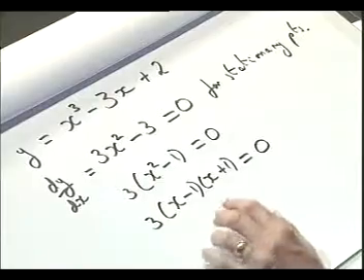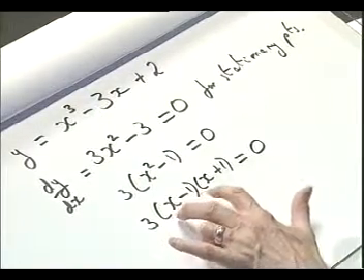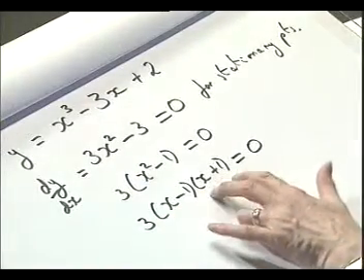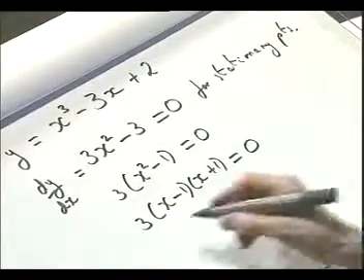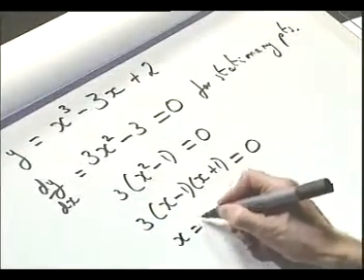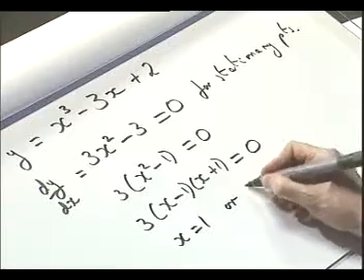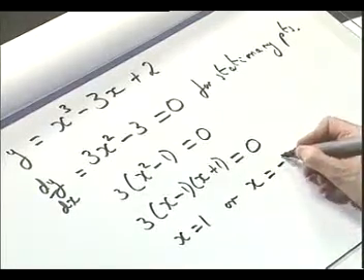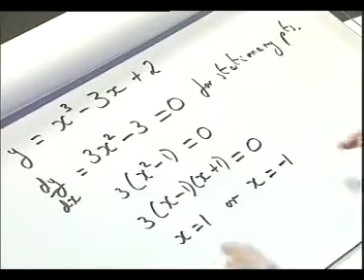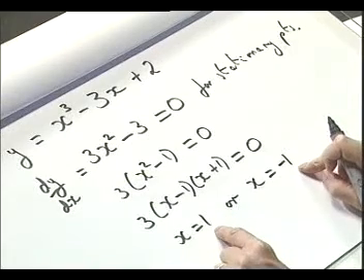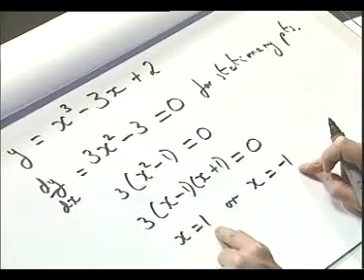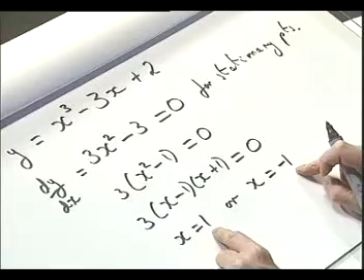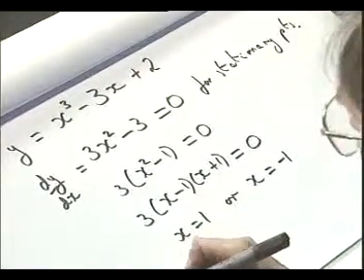And now what we can see is that either this bracket is 0 or this bracket is 0, or they're both 0. So we have x equals 1 or x equals minus 1. Now this has just given us the x coordinates of the points that we're interested in. What we need now are the y coordinates, and so let's work those out.